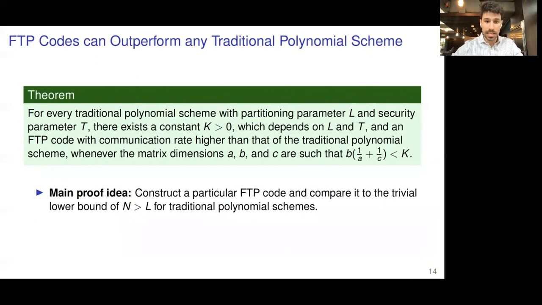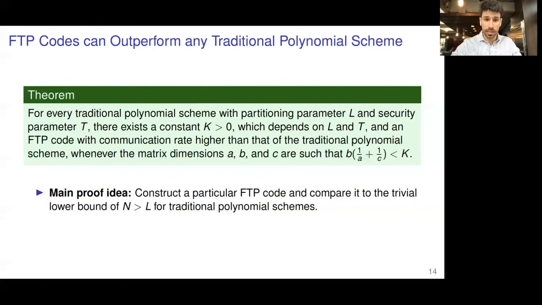What is shown here is that for every traditional polynomial code scheme with partitioning parameter L and security parameter T, there will be a constant which depends on L and T, and there will also be an FTP code with a communication rate higher than the one for any traditional polynomial scheme, whenever the dimension of the matrices respects this inequality over here.